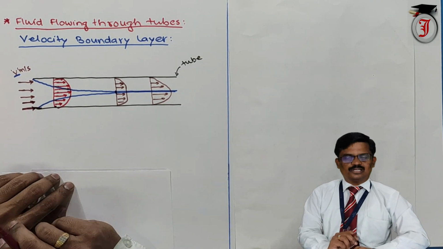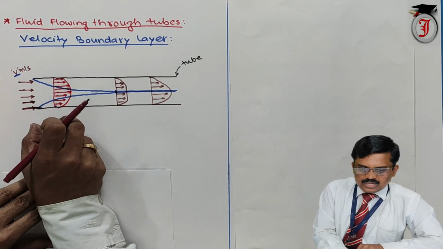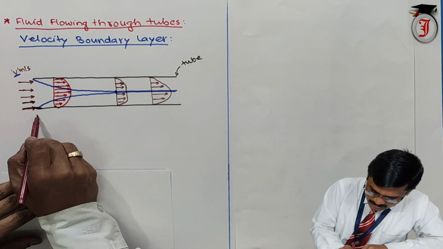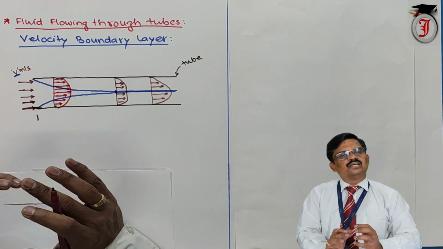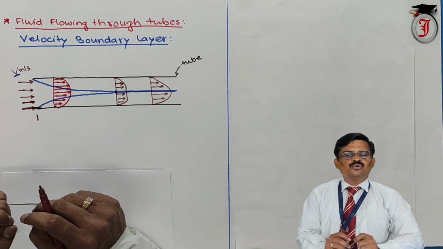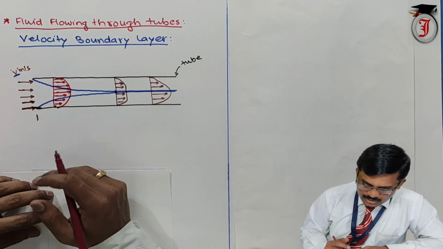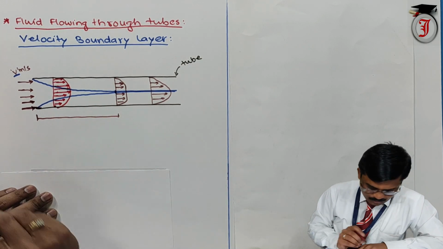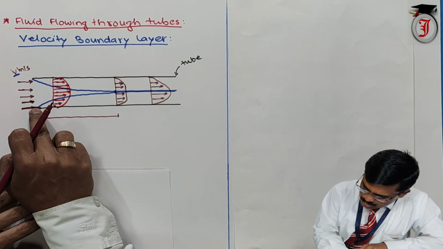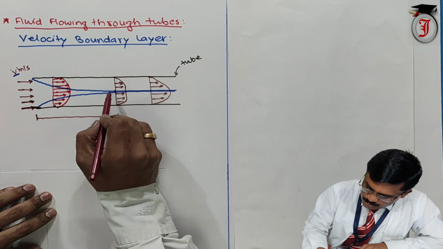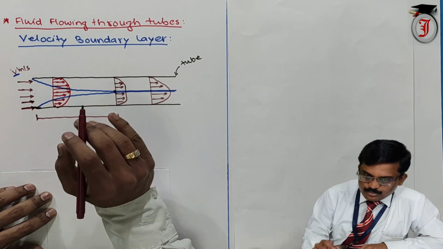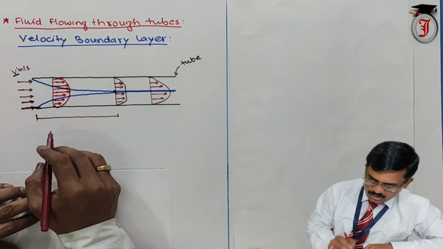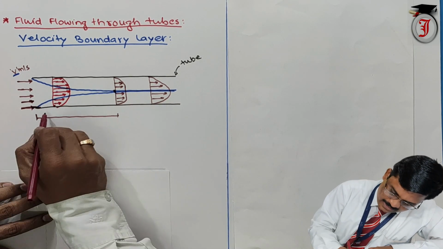The region from the tube inlet up to the point at which the boundary layer merges at the center line, okay, so the region from the entrance of the tube to the point where the velocity boundary layer merges at the center line is called the hydrodynamic entry length.